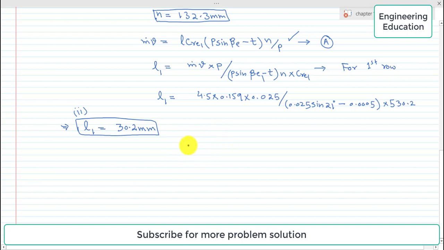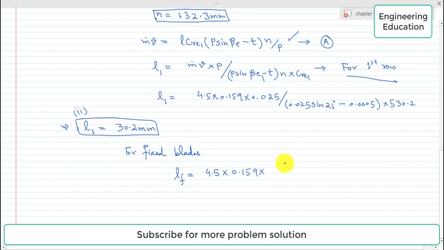So for fixed blades, LF is equal to, I am directly putting the values, mass flow rate is 4.5 kilogram per second, and the value of specific volume is same, 0.159.